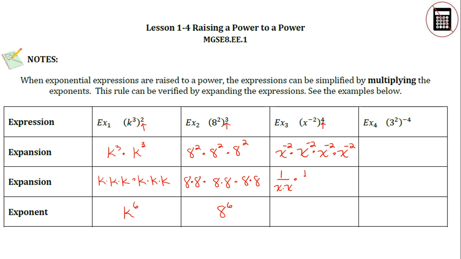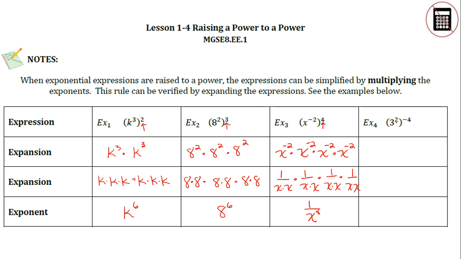And I have another 1 over x times x, and a third 1 over x times x, and my final one, 1 over x times x. This gives me 1 times 1 times 1 times 1 over x to the 1, 2, 3, 4, 5, 6, 7, 8. 8 x's being multiplied. X to the negative 2 raised to the 4th is 1 over x to the 8th.